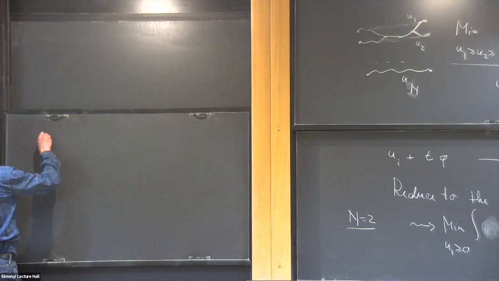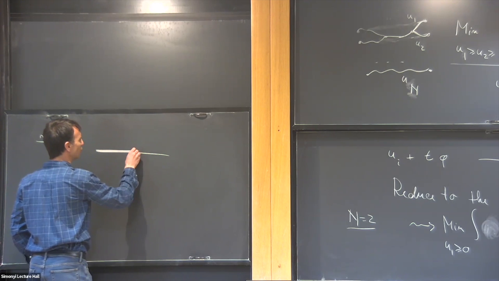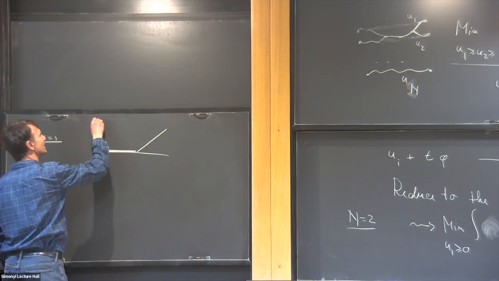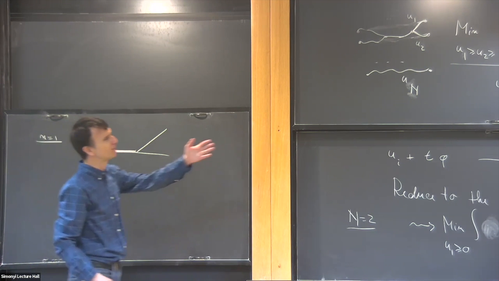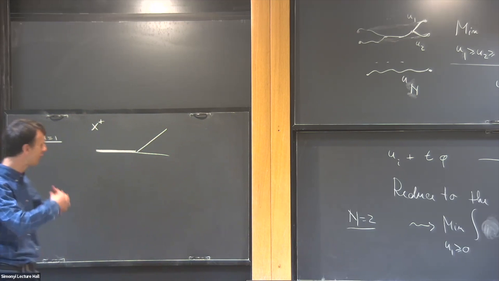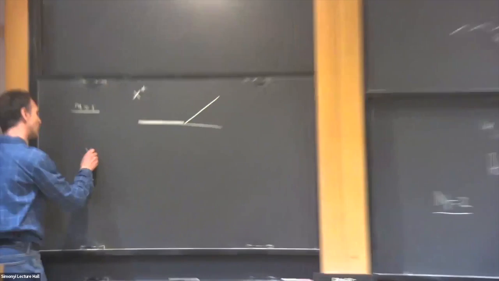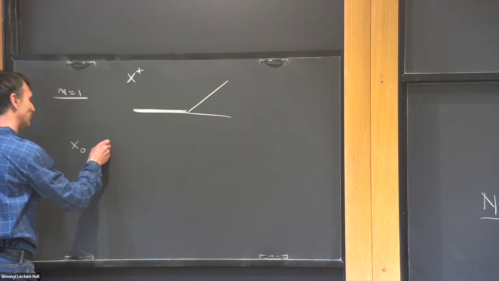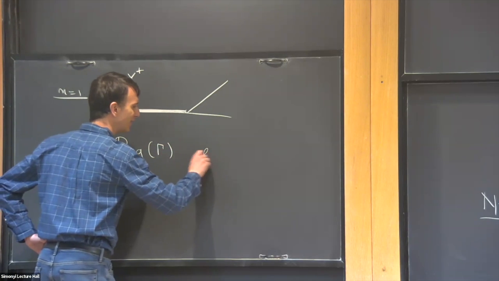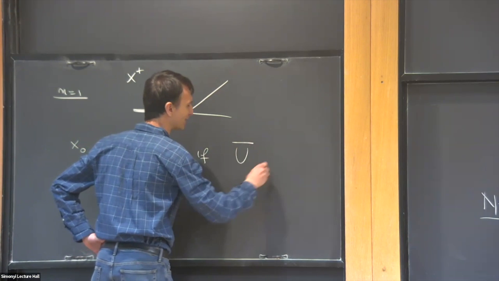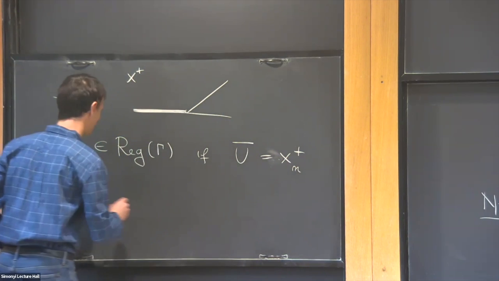If I look at n equal to 1, I get 0 on one side, and we just have x plus in 1D. And if you're at a regular point, like it's shown on the blackboard, even in higher dimension, let's say x0 is a regular point. I'm going to write regular of the free boundary if, up to subsequence, u bar equals x_n plus, up to rotation.